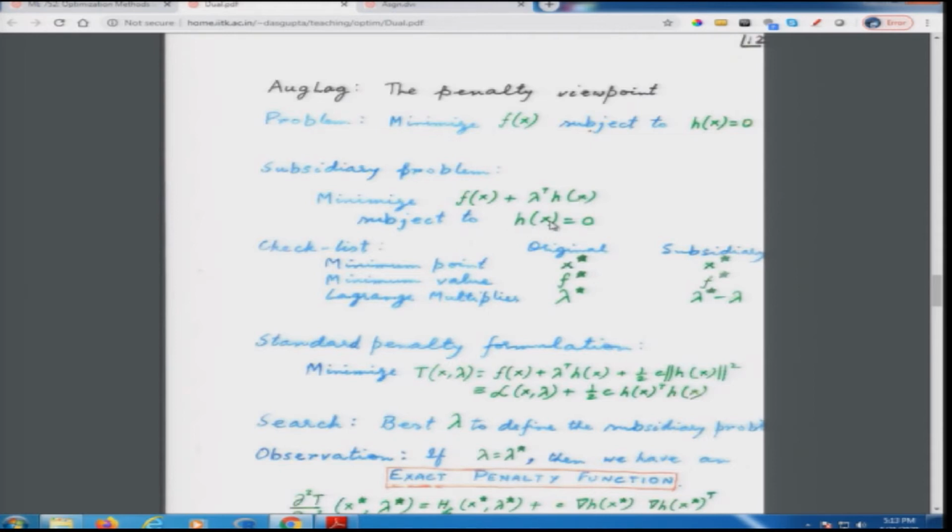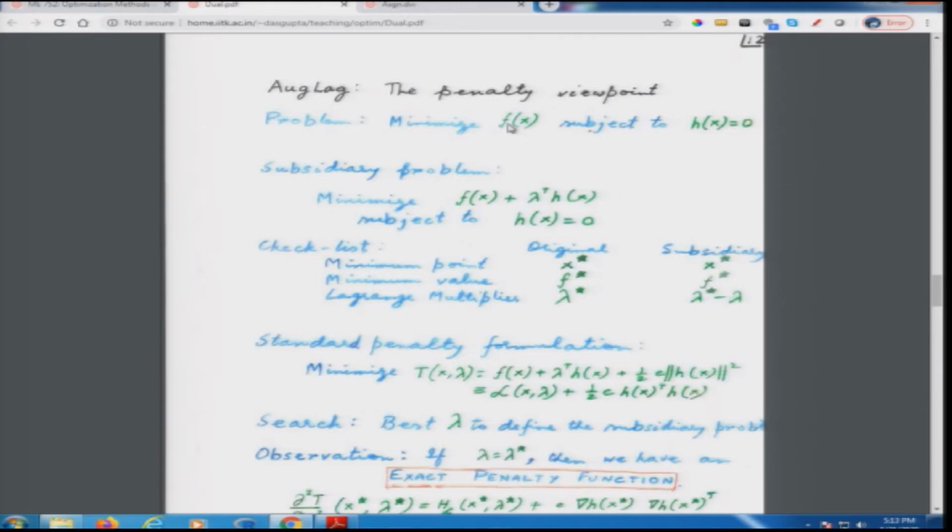Now, a little reflection will tell you that if x star is a solution of this problem, then x star is a solution of this problem as well. So, x star original, x star subsidiary. An original solution x star to the original problem is also a solution x star of the subsidiary problem.